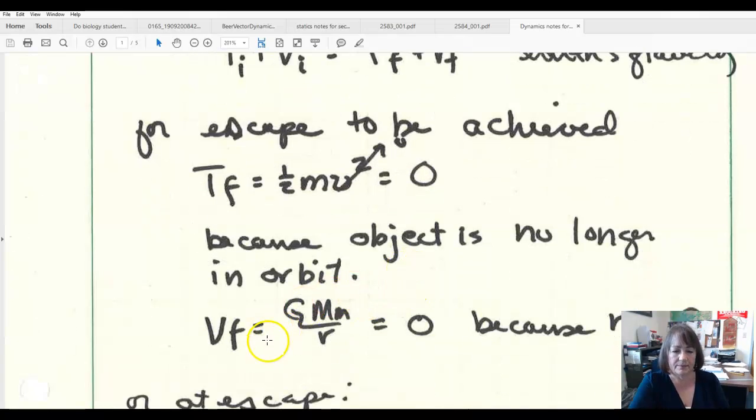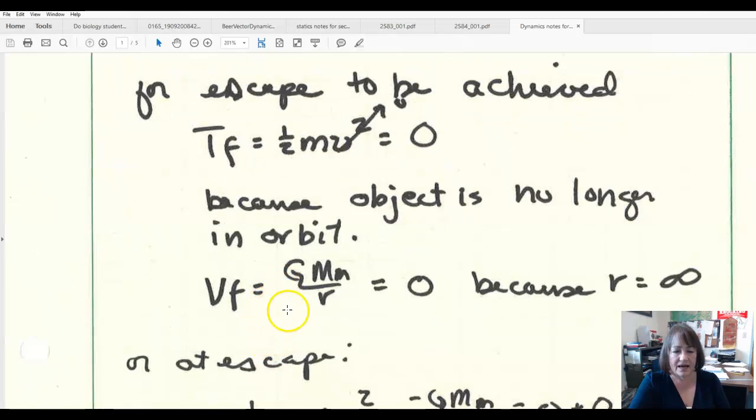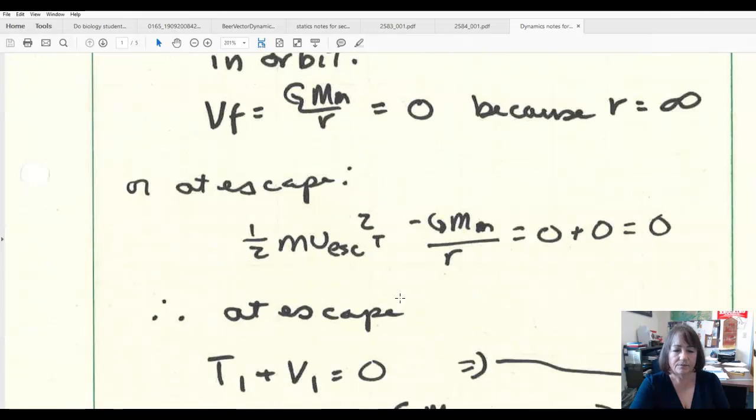So that means the final velocity is going to be equal to zero, because according to this equation, the final potential energy is going to be equal to zero, because r, or its orbital distance above the Earth, goes to infinity. So this term divided by infinity approaches zero.